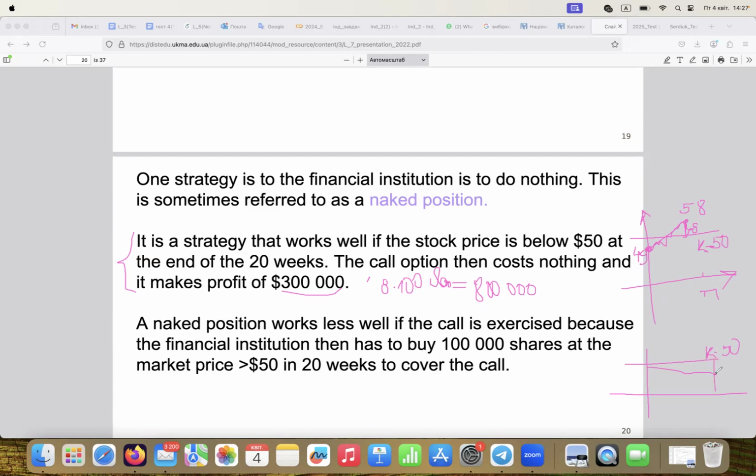And it doesn't matter how much less, because if the price is less, you see that we don't have this S minus K positive, yes? We don't have. So anyone who bought our call option didn't win. It's called that the call option cost nothing.